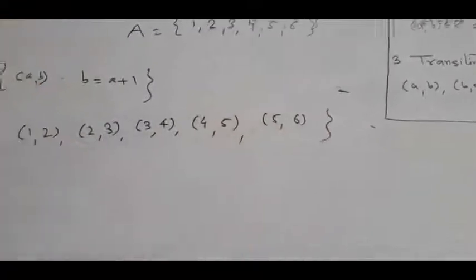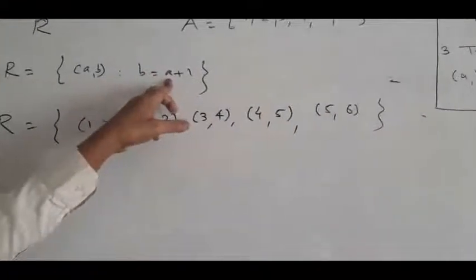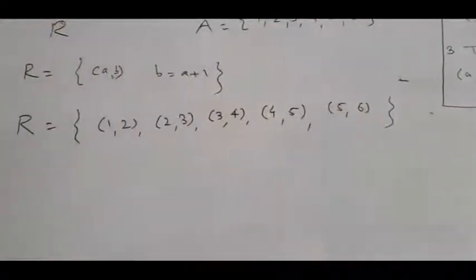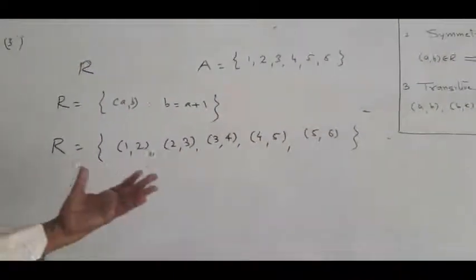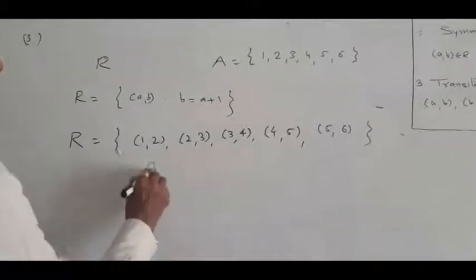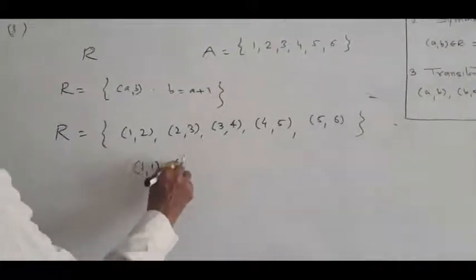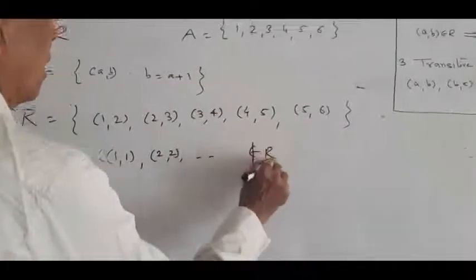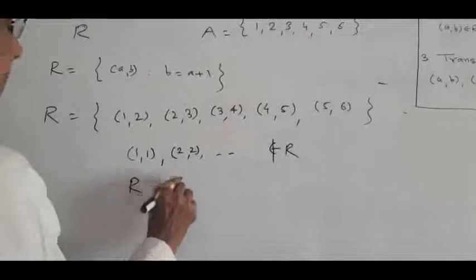Here we are not going to take a equal to 6 because then b is 7 and 7 is not in the set. This is the relation. From this we can easily say that 1 does not belong to R, 2 does not belong to R. Therefore, R is not reflexive.